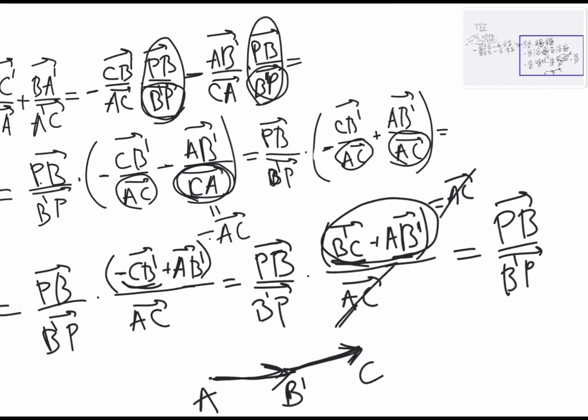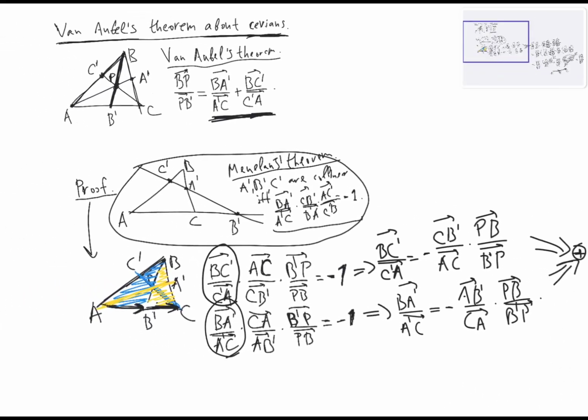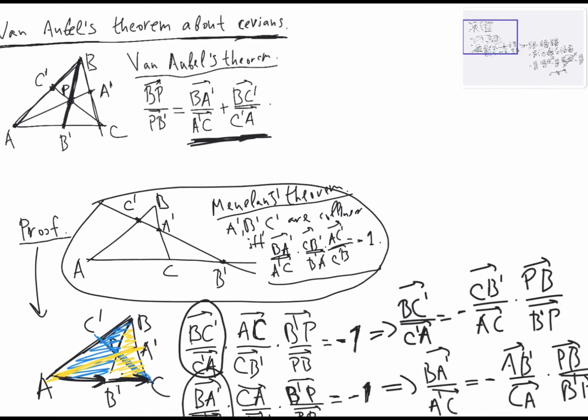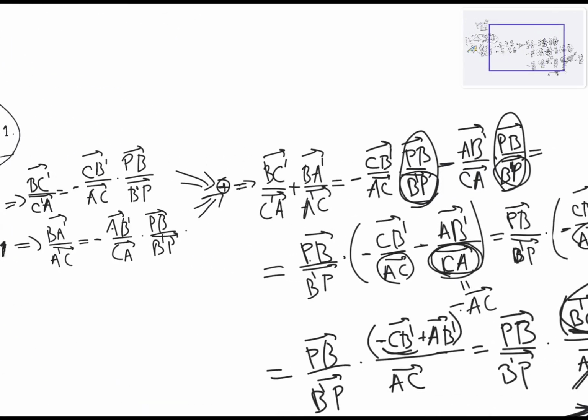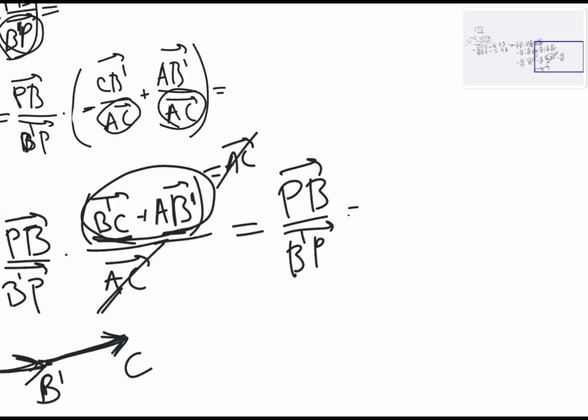And now we want to slightly rewrite it, because we need BP, we need to start from BP. So we invert both of these vectors.